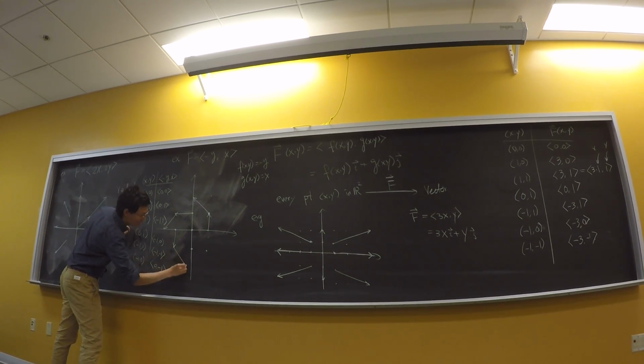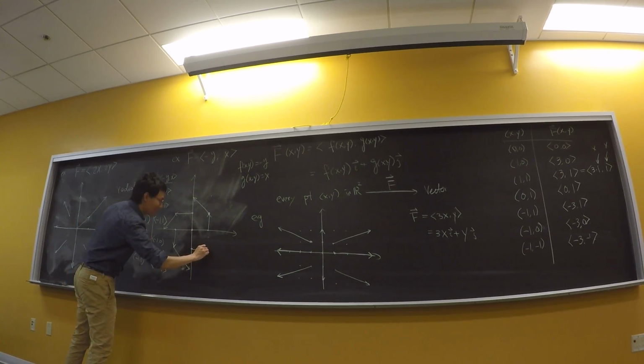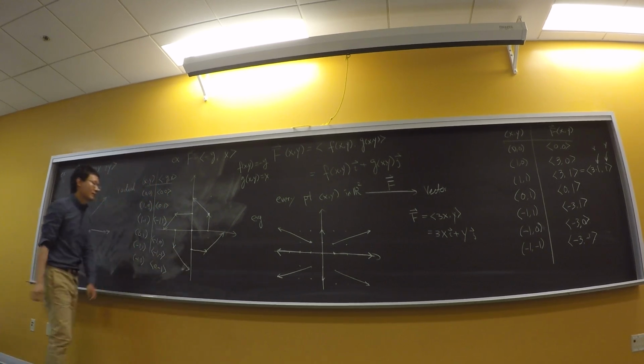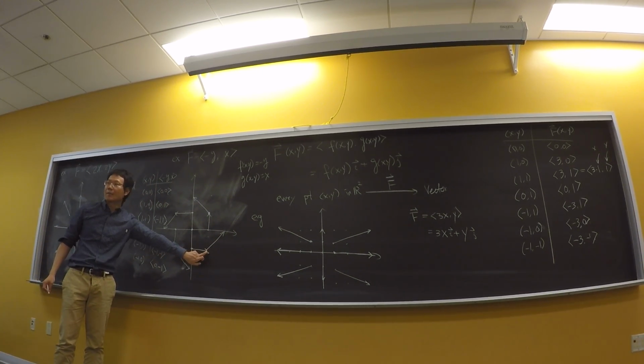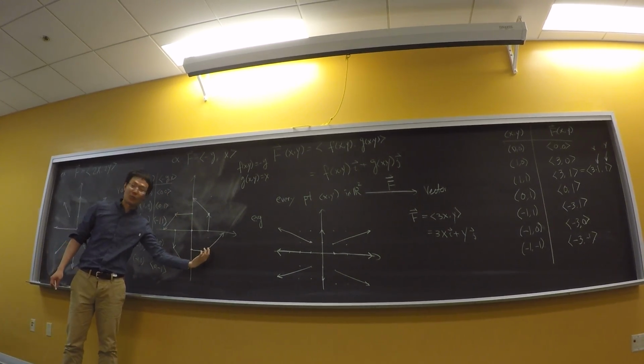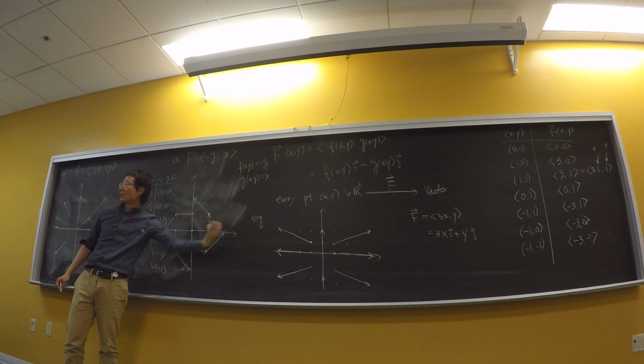This is the vector, this is the vector, and this is the vector. So this point is 1, minus 1. According to this formula, the vector here is 1 and 1. So this is pointing up and pointing right.